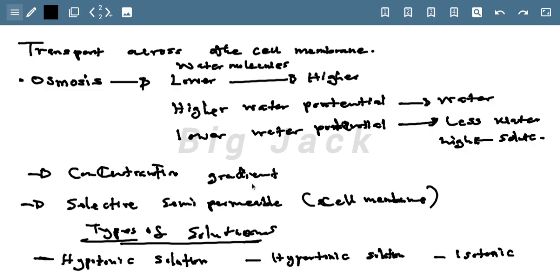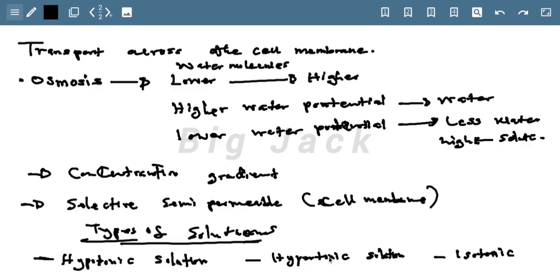And what condition will result? If you put a plant cell in a hypotonic solution, it is going to gain water by osmosis. As a result, it undergoes turgidity, because the plant cell has a cell wall. Those things you need to know.